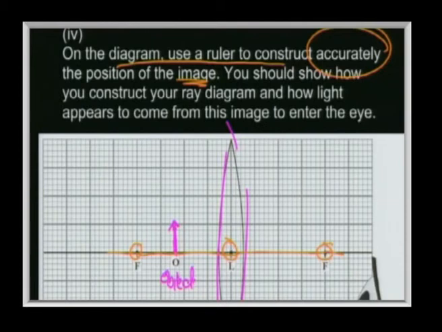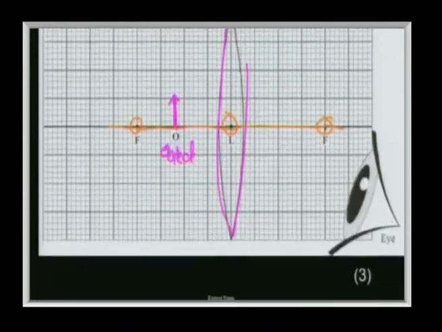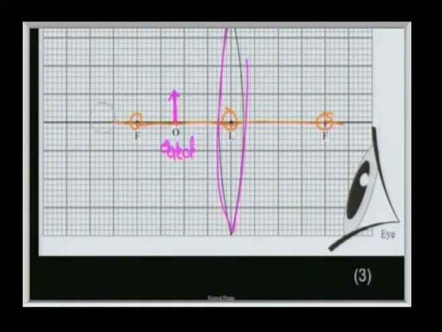You should show how you construct your ray diagram and how the light appears to come from the image to the center of the eye. Remember, light always comes from the object. It does not shoot out of the eye and allow you to see it. So the light rays will always move towards the eye. Let's just clear over here so you can have a nicely constructed sketch.